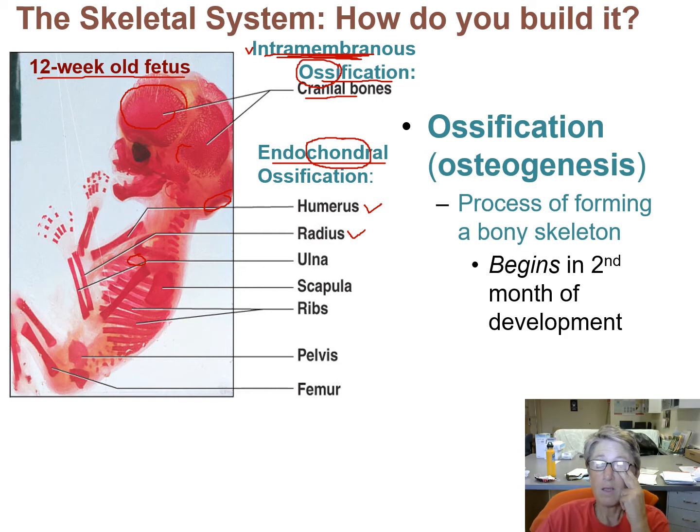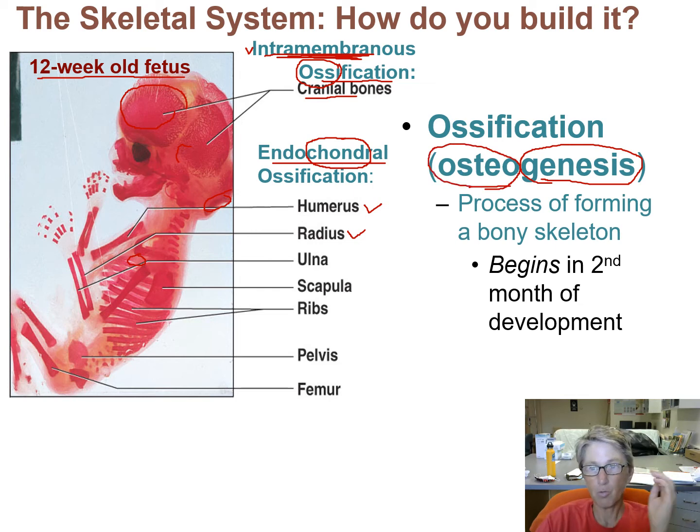Ossification is also known as osteogenesis, where genesis is creation, as you know from the Bible, and osteo is bone, so creation of bone, aka ossification. That process of making your bones begins in the second month of development.